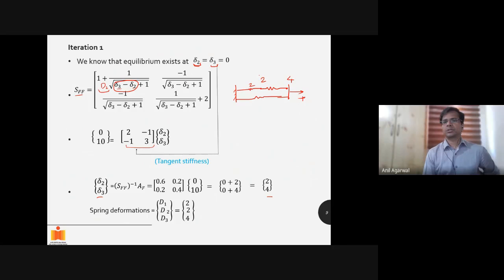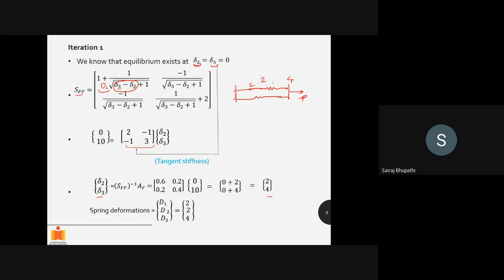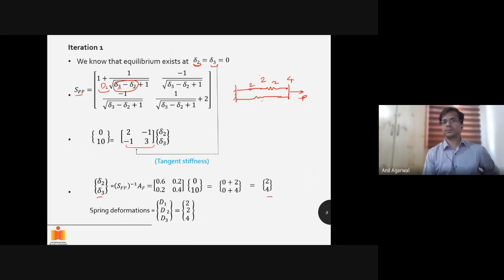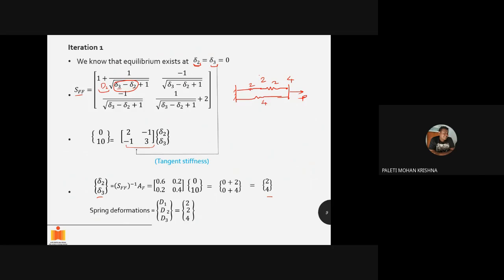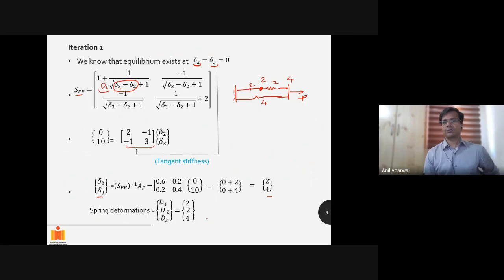The second spring, the deformation is 2. The third spring, the deformation is 4. Everybody agrees with this, right? Yes, sir. Okay. So for the 3 springs, the deformations are 2, 2, 4.